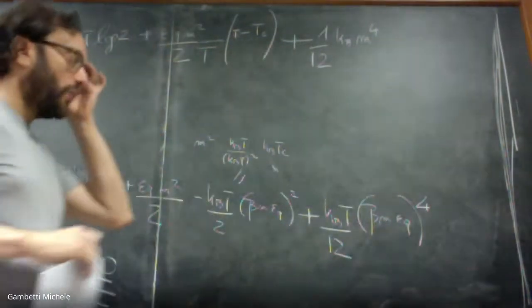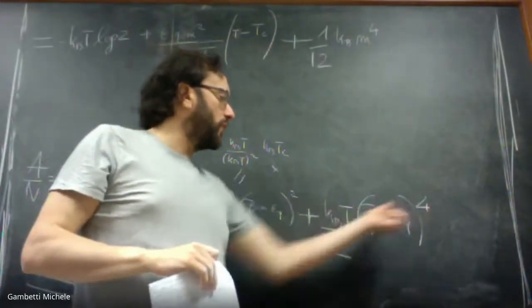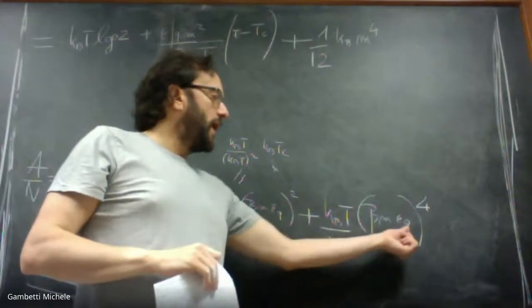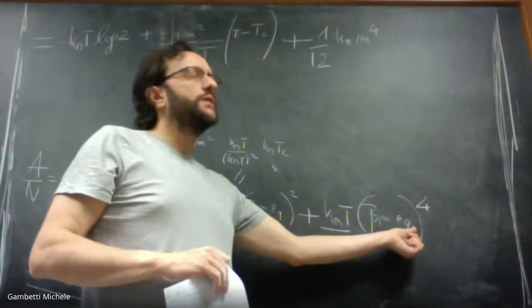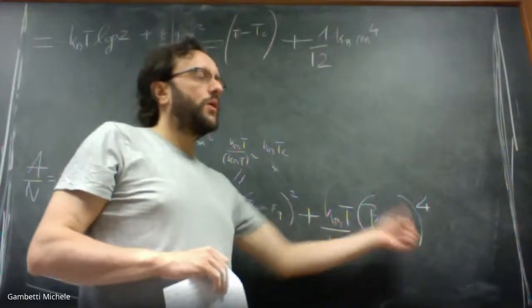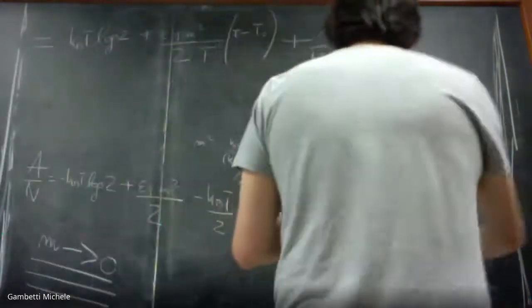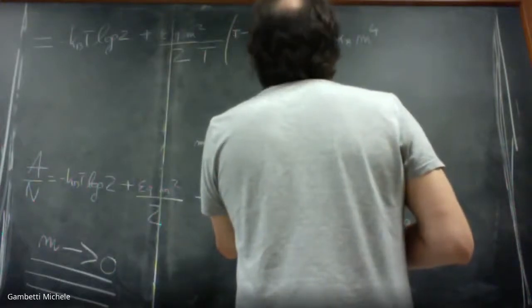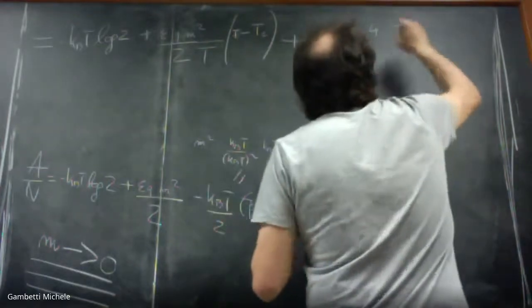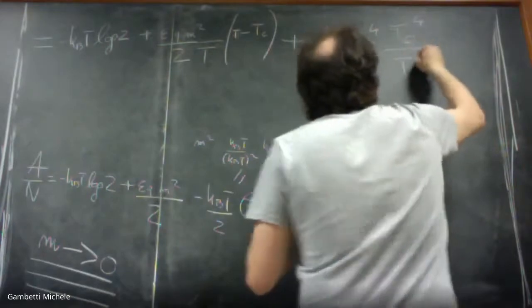And here I can also again introduce, so I have a beta to the power of 4, k_B T, and then epsilon q is just T_c times k_B. Okay, and so if you introduce T_c here, you will get 1 over 12 k_B m to the power of 4, and here there is a T_c to the power of 4 divided by T to the power of 3.